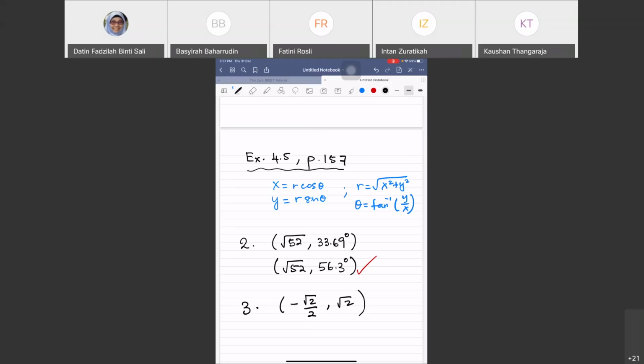Intan, you double check your answer here. You check this part. You check this one. Y coordinate.